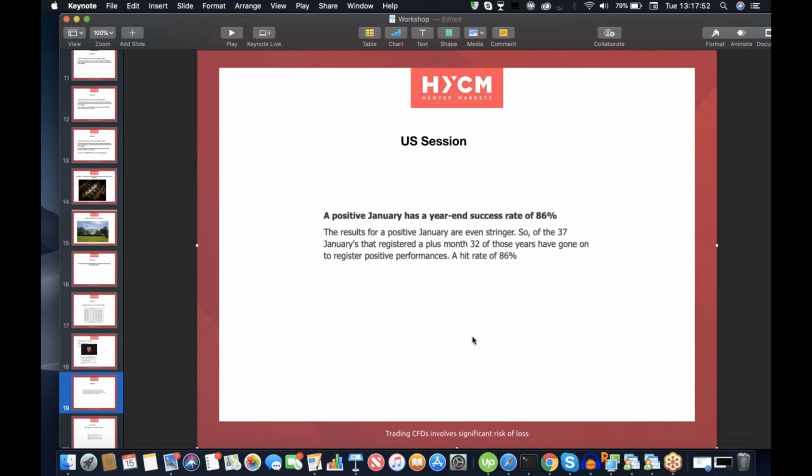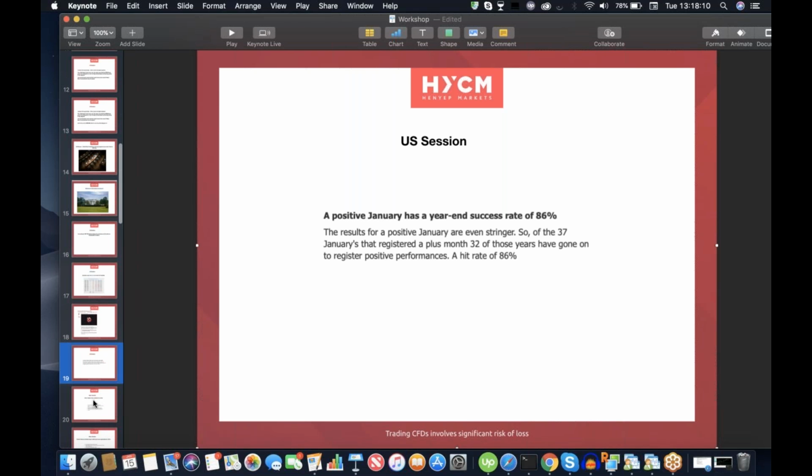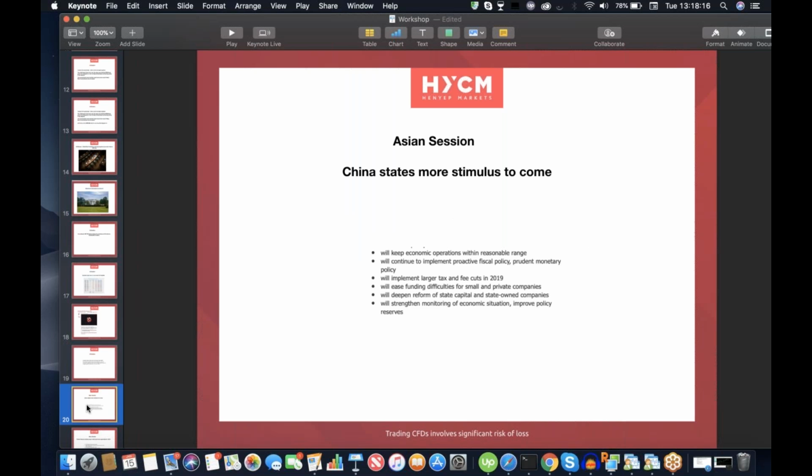It was just an interesting statistic, particularly with the US government now in shutdown, and the fact that the S&P 500 did have 5 up days on its first 5 trading days, and we're currently positive in January, heading into the middle of January now. So one just to look at and take note of.